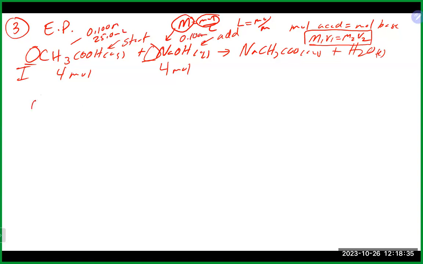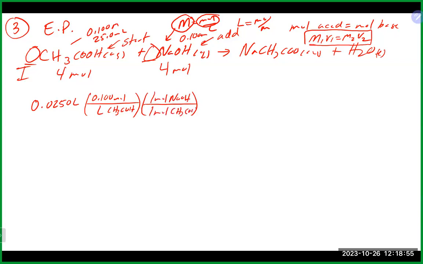So if I knew the volume of my acid in this case, I could use the molarity of it, moles per liter of my acetic acid. I then could do the 1 mole of sodium hydroxide to 1 mole of acetic acid. And at that point, I will have my moles of sodium hydroxide, which I can use with my molarity here to figure out the volume.